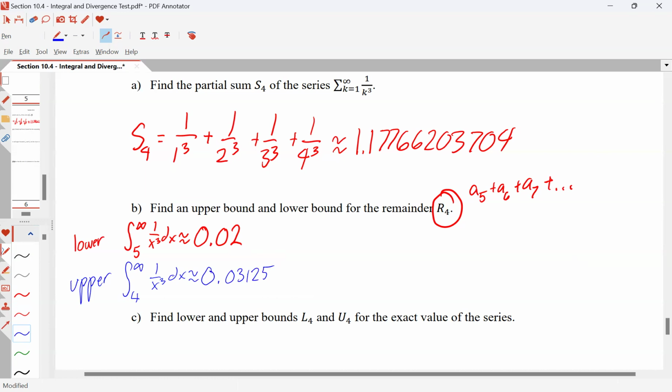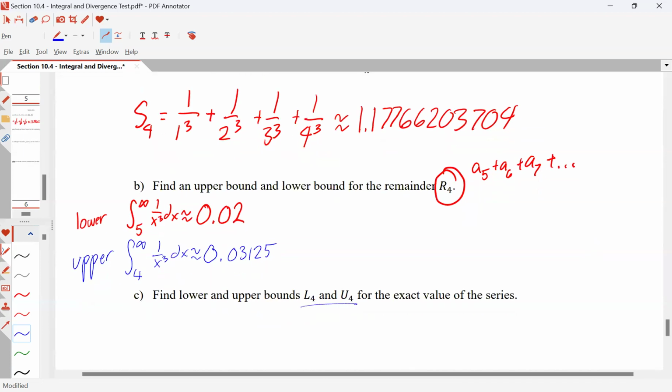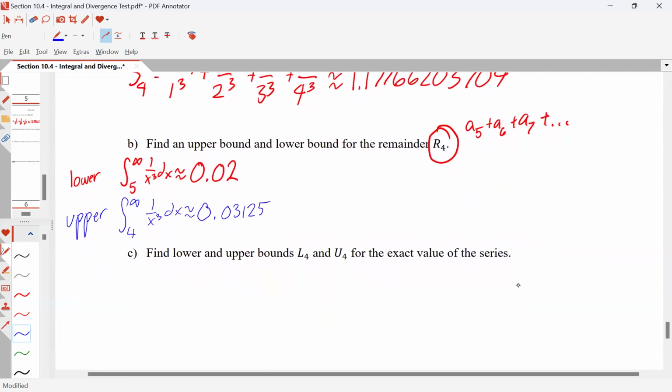With the remainder and with our partial sum, we can now estimate a value for the series. Because we know our remainder is somewhere between 0.03125 and 0.02.